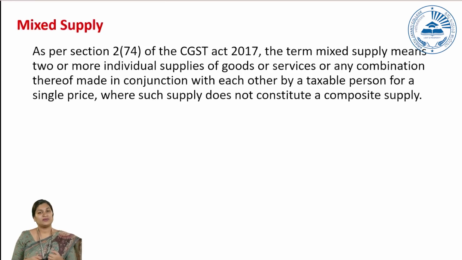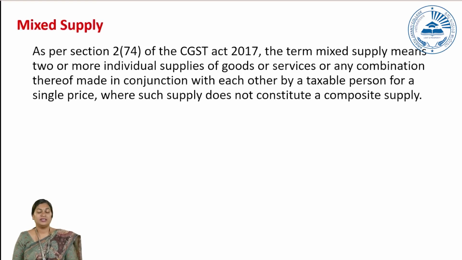In that case, it will have goods like chocolates or dry fruits and a pen. All this can be bundled together and sold. These goods are not naturally bundled or related to each other. Such goods or services we group and sell. That is an example of a mixed supply.